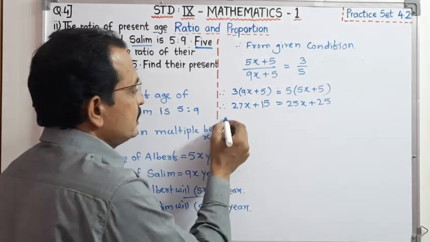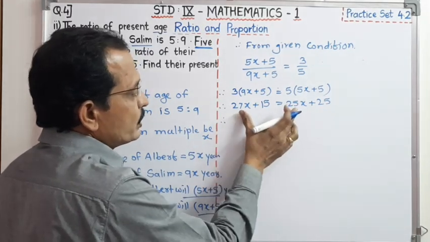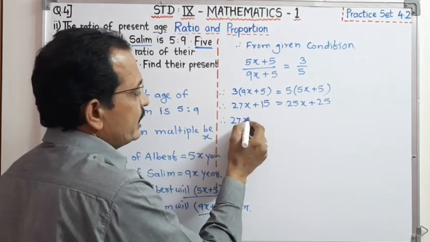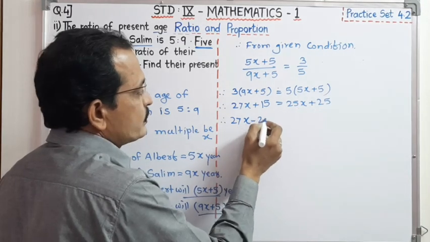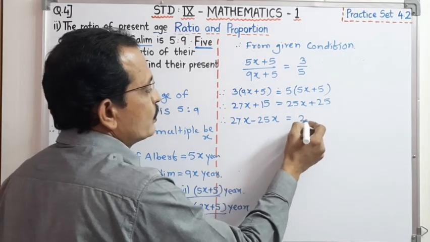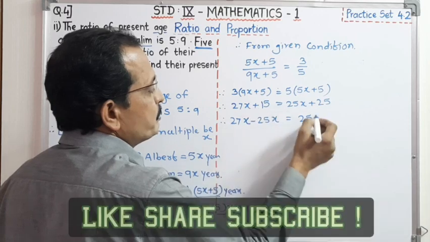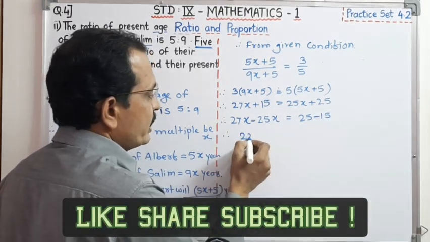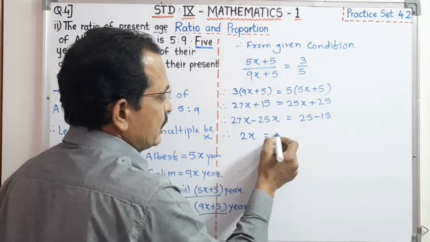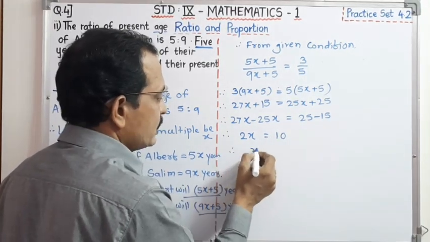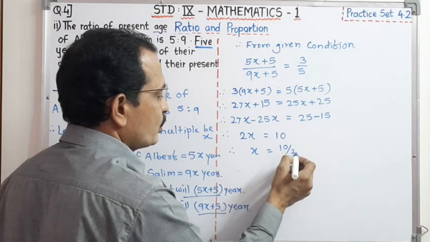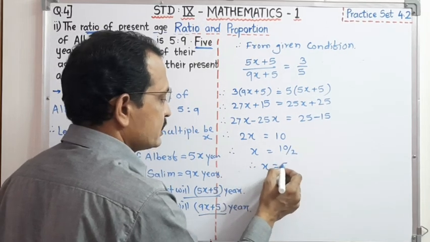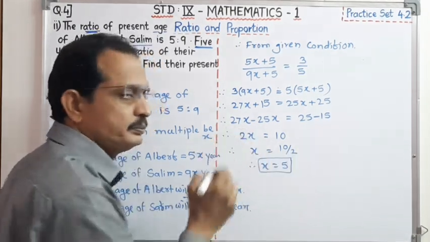Now take out the similar terms together. 27x minus 25x is equal to 25 minus 15. It is 2x is equal to 10. Therefore x is equal to 10 upon 2, so x is equal to 5.